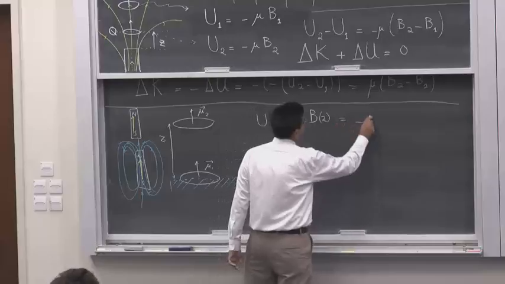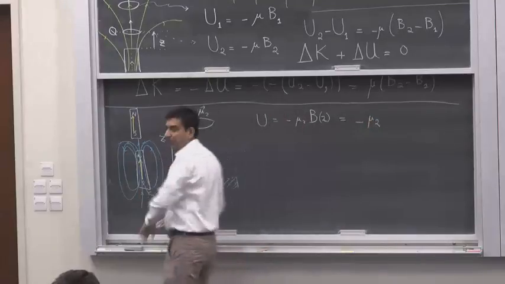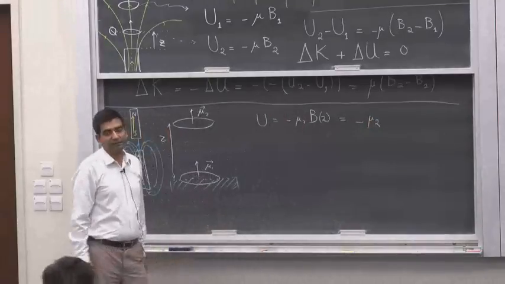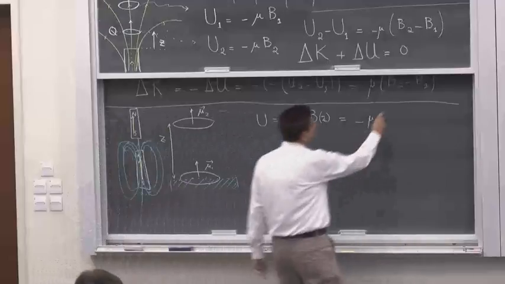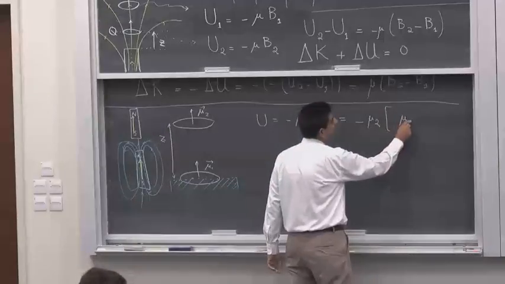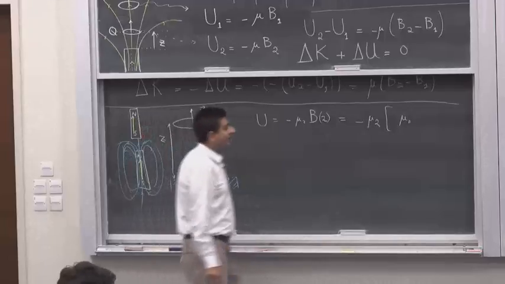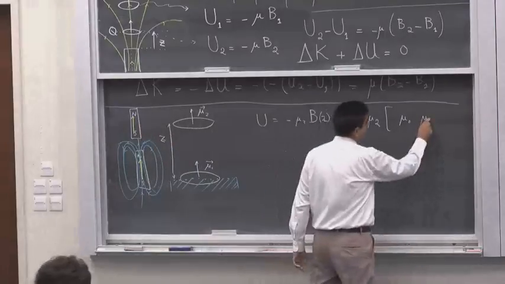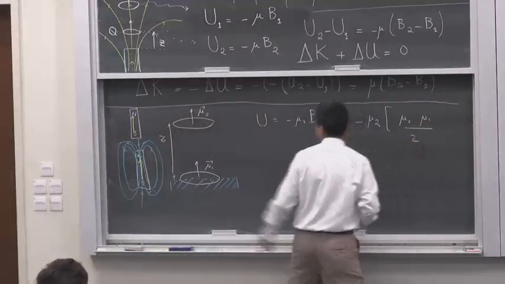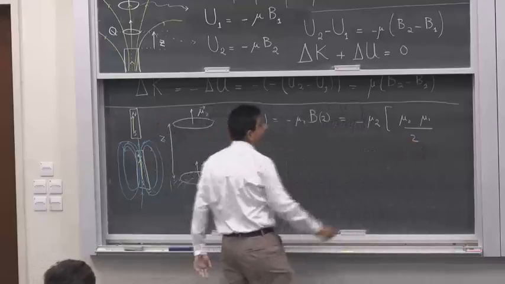Minus mu2 times B. Now we already know what the magnetic field due to a dipole is. We've calculated this in class. This magnetic field is given by mu naught times this magnetic moment, mu1, divided by 2 pi z cube.